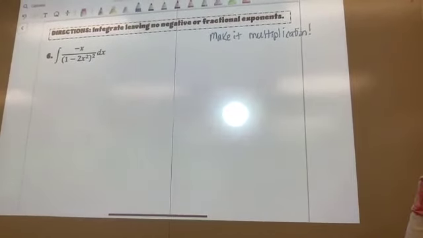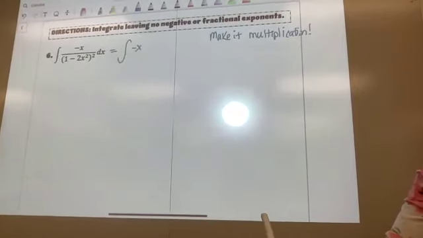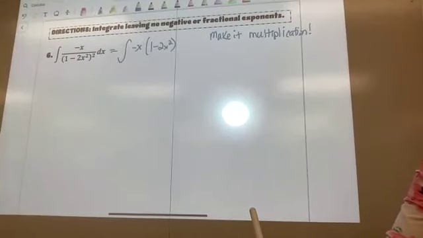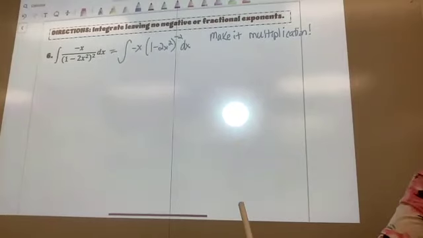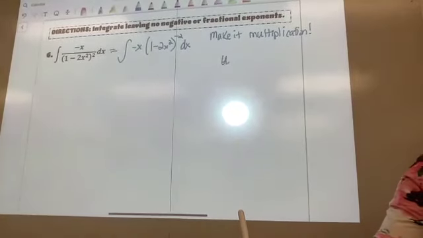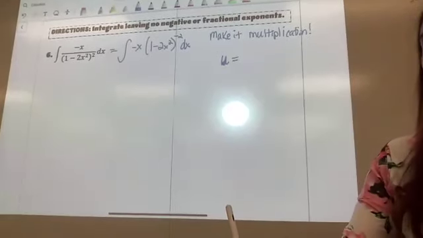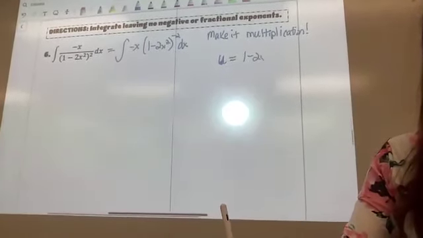So we're going to rewrite this integral as the integral of negative x times 1 minus 2x squared to what power? The negative 2 dx. Okay. What is my u? 1 minus 2x squared. Do you guys agree? Right?